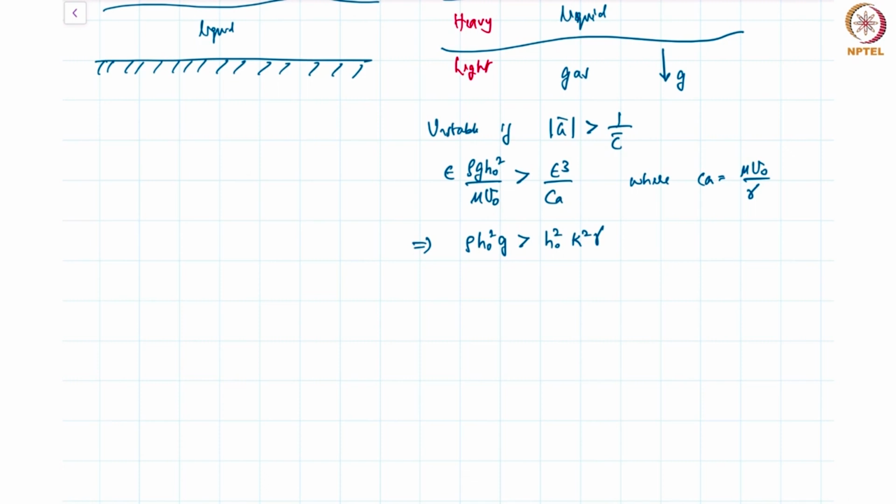Here I used the expression for epsilon as h naught by lambda, or h naught times k.